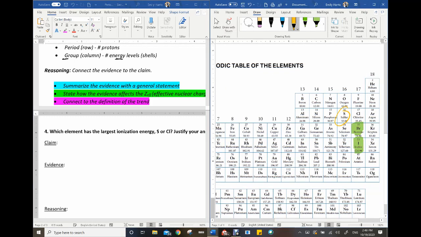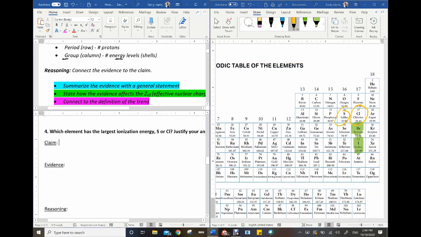So if we circle sulfur and chlorine, those both happen to be in the same period or row. We know that as atoms go across, they become stronger and it's more difficult to remove their electrons. So chlorine will have a higher ionization energy than sulfur. So that's our claim. Chlorine has a higher ionization energy than sulfur.